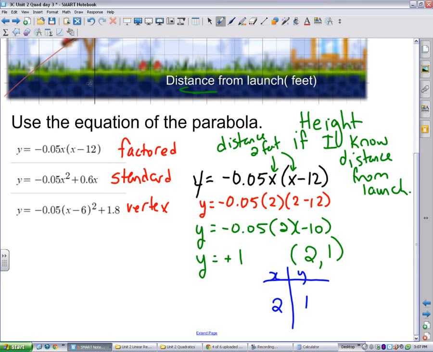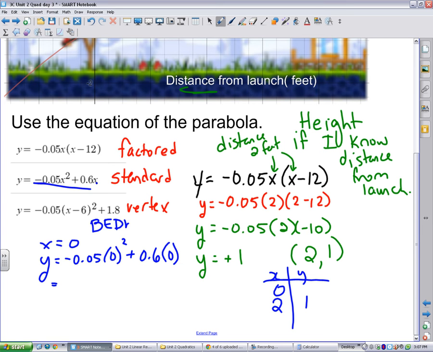We could have tried the value x being 0. If we do that, I will do that into the standard form this time. When x equals 0, I have y equals negative 0.05 times 0 squared plus 0.6 times 0. Using BEDMAS, I'm going to square first.